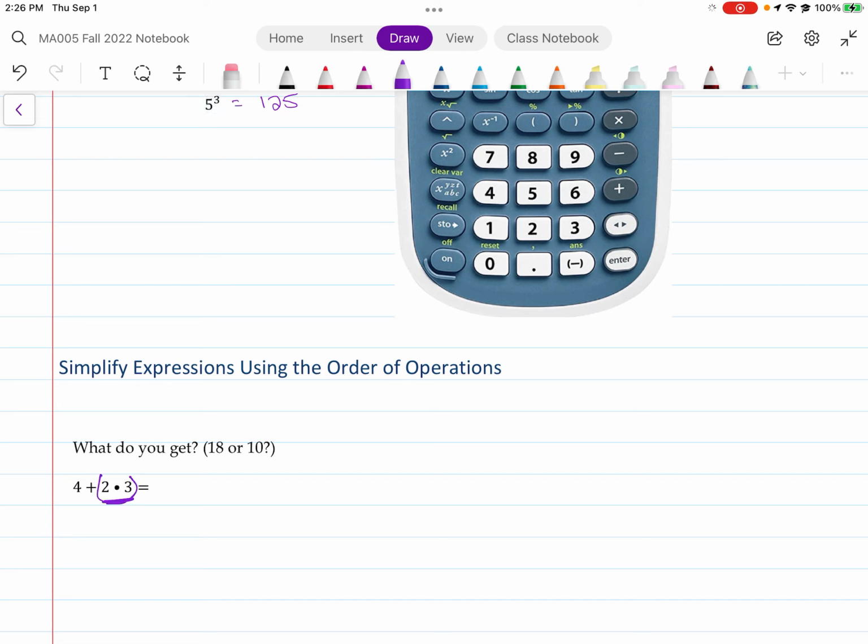So really this happens first. And sometimes I add parentheses to the problem so that I can see the multiplication and division. It stands out to me and I don't forget. So we're going to do the 2 times 3 first. So 2 times 3 is 6. So I miswrote that. That's a plus. Sorry. So the 2 times 3 is 6, and we've still got the 4 plus, so we get 10. So the answer is 10.